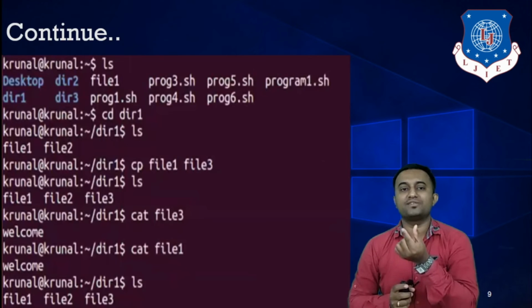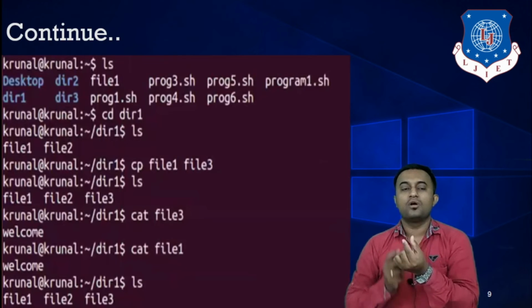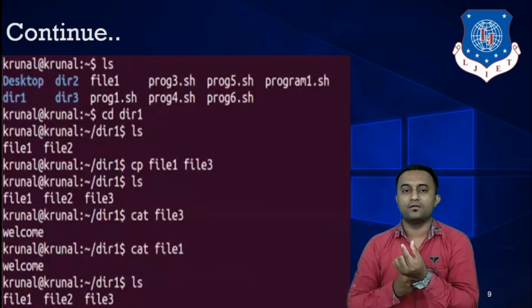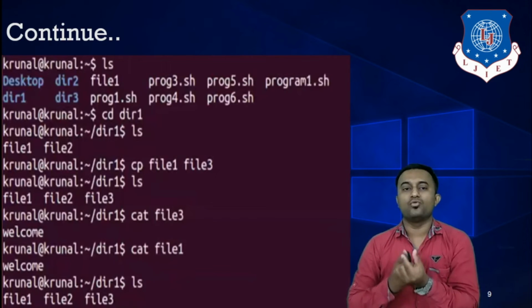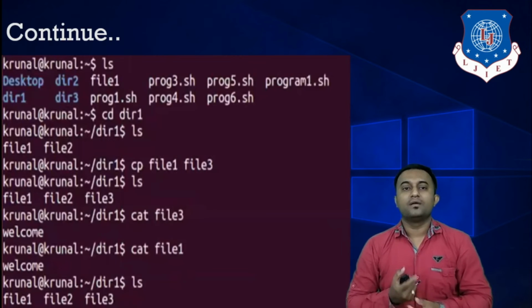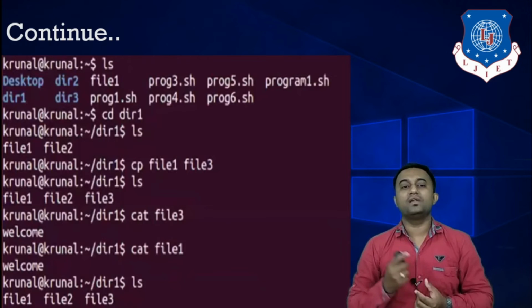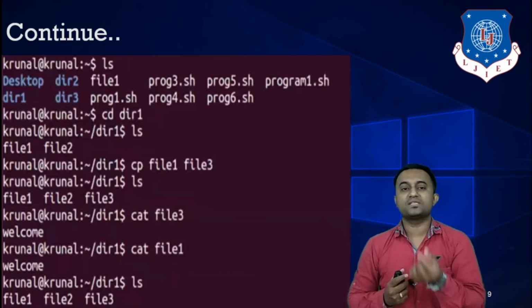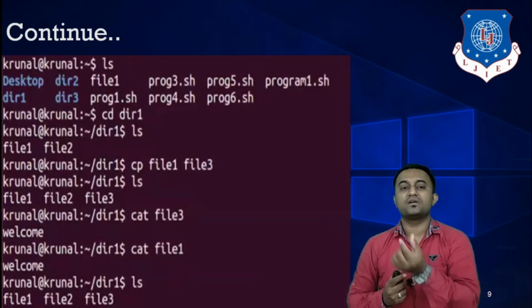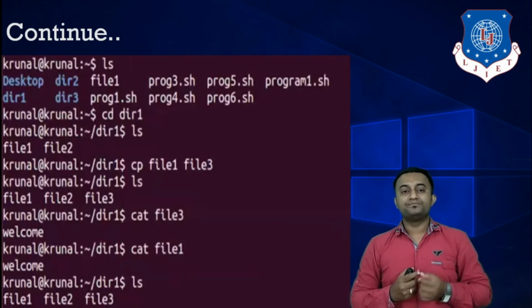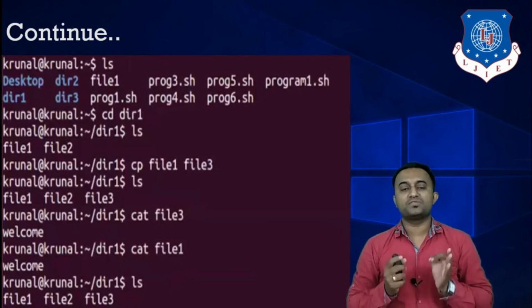First of all, I need to mention the source file name. So I need to copy this file 1, which is in directory 1, into the same directory with another file name called file 3. So CP space source file name space destination file name. So CP space file 1 space file 3.